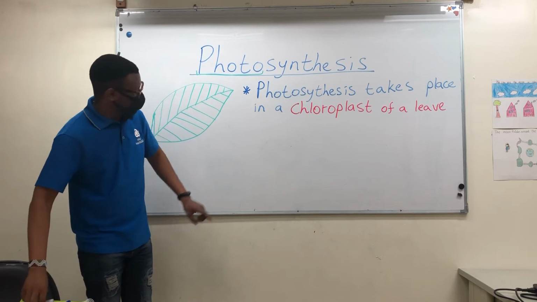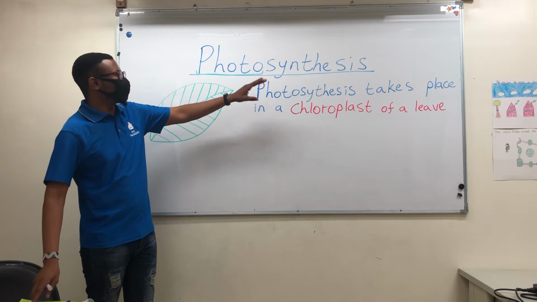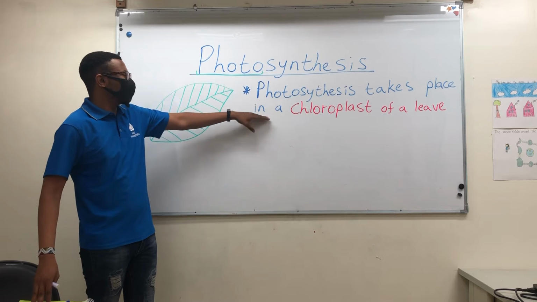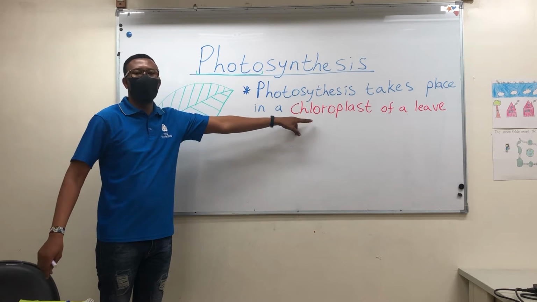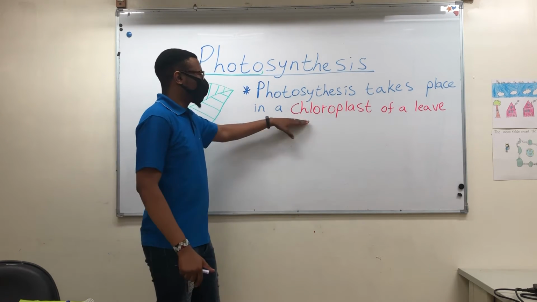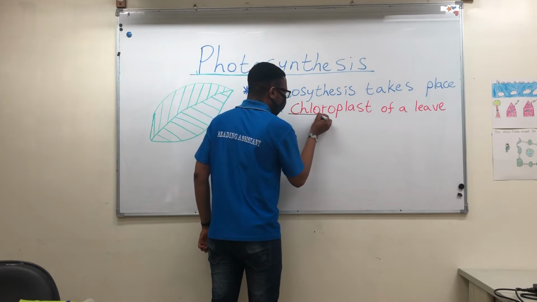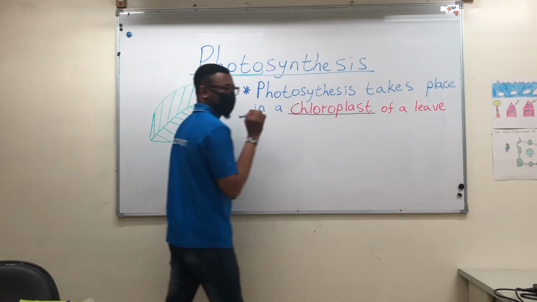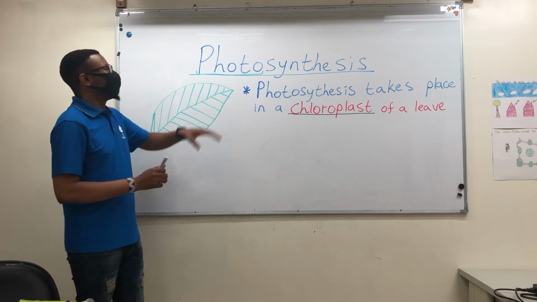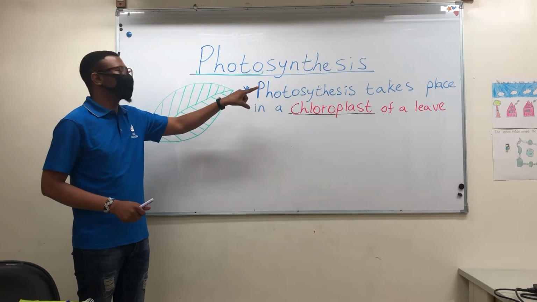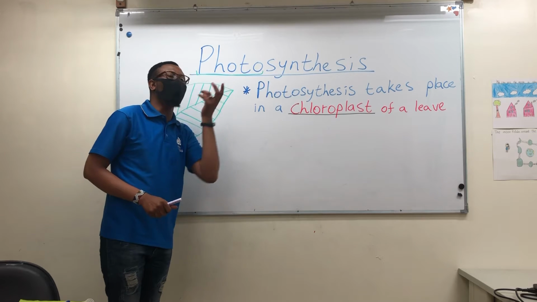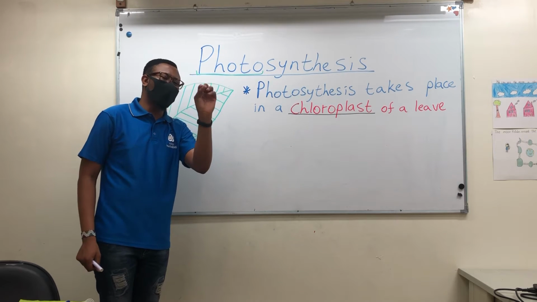Let's say that together. Photosynthesis takes place in a chloroplast. Again, chloroplast. So, photosynthesis takes place in a place called a chloroplast.